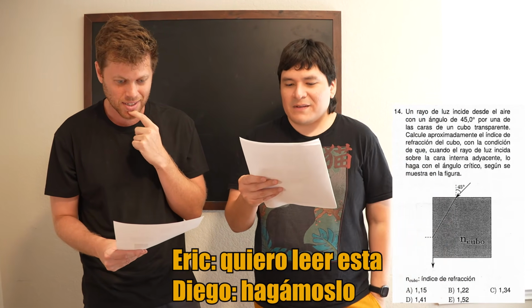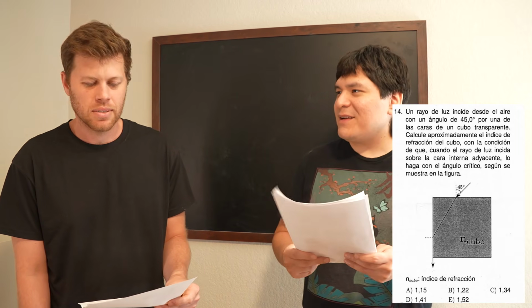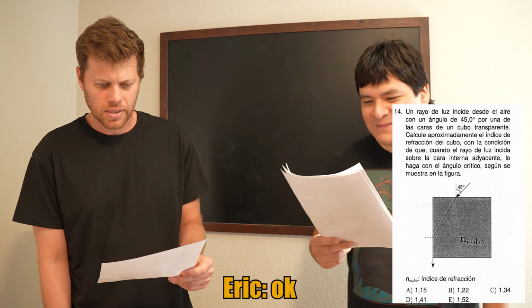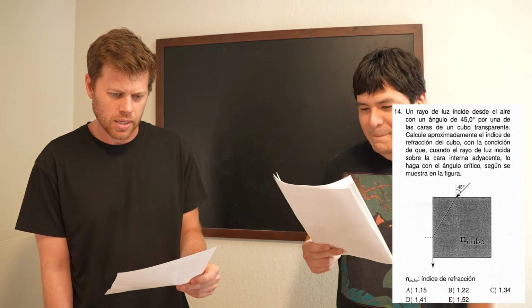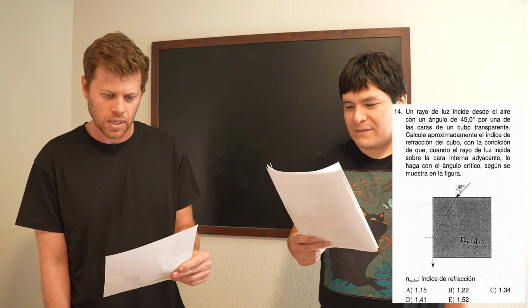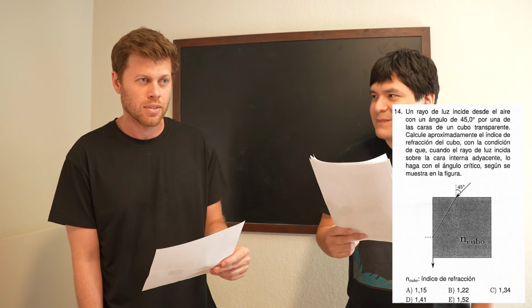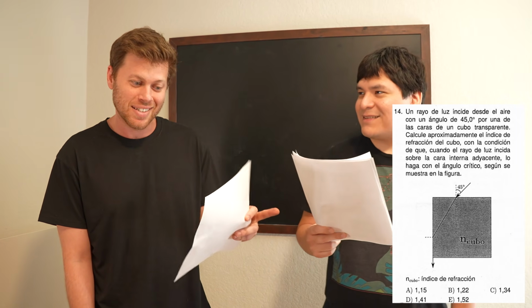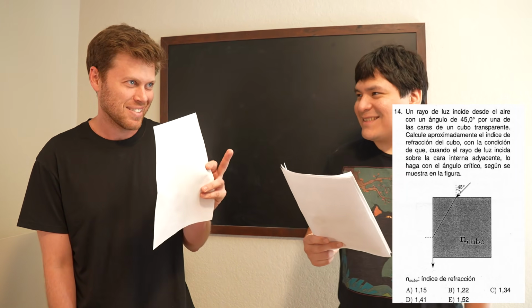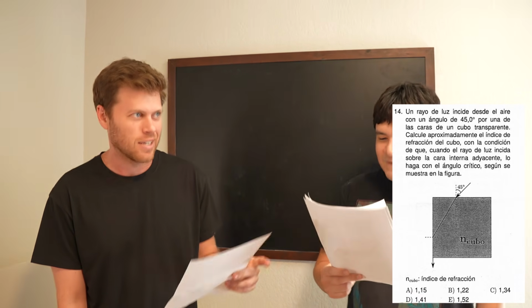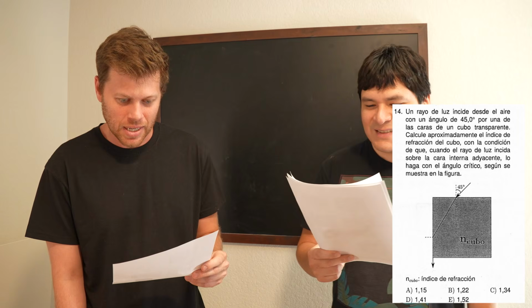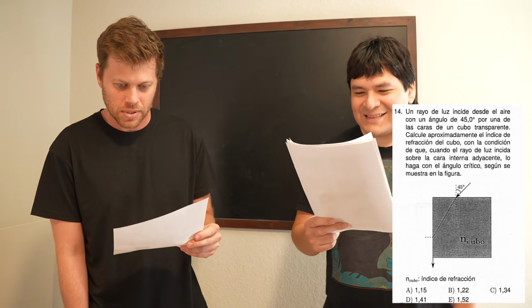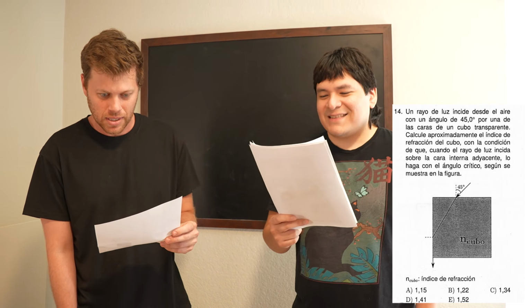Número 14. Okay, I do want to read this one. Número 14, por favor, Eric. Un rayo de luz incide desde el aire con un ángulo de 45 grados por una de las caras de un cubo transparente.